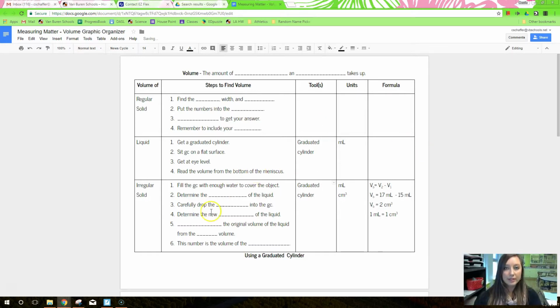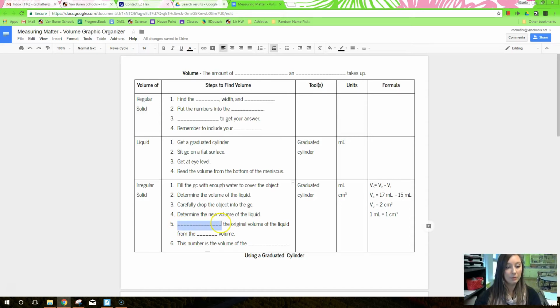If we go through these steps one more time, the first thing that I did was fill the graduated cylinder with enough water to cover the object. And I want to determine the volume of the liquid that I put into that graduated cylinder. I'm going to carefully drop my object into the graduated cylinder and determine the new volume of the liquid.